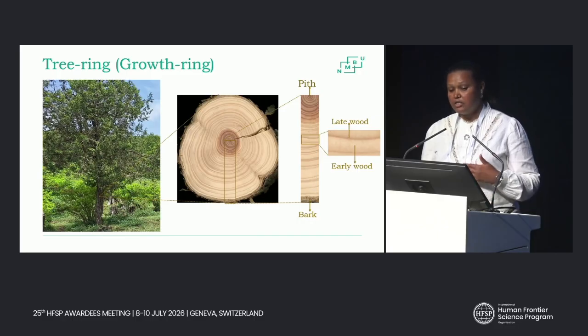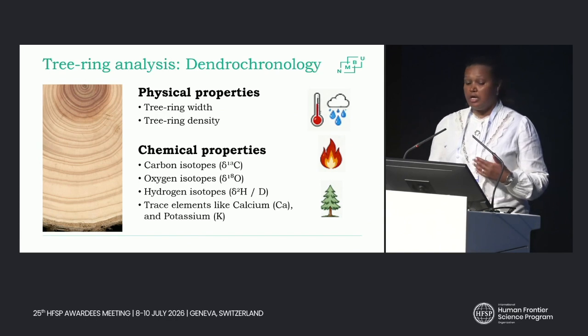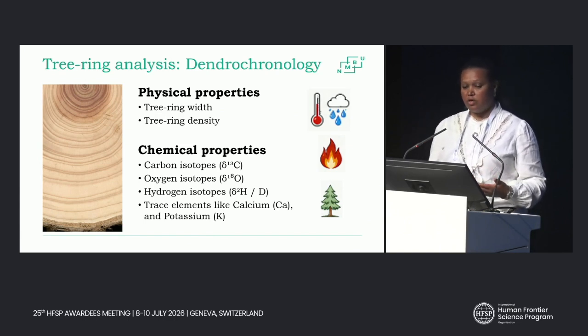These are very important proxies for characterizing tree rings, or important proxies for dendrochronology or tree ring analysis. Each tree ring or annual ring can provide us with the exact year in which this ring was formed.